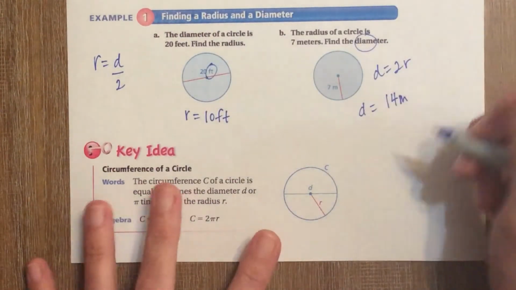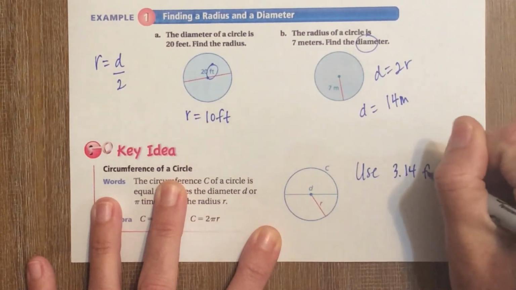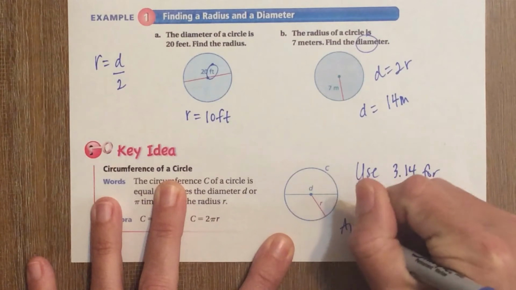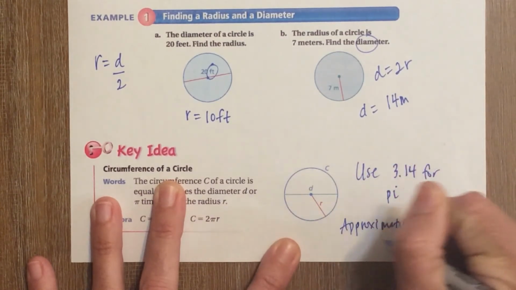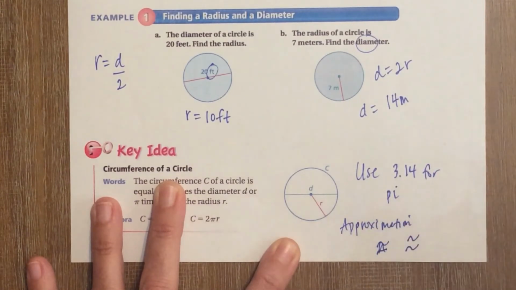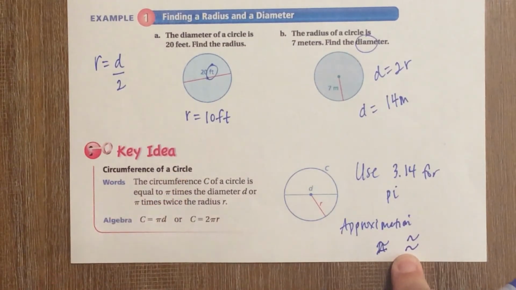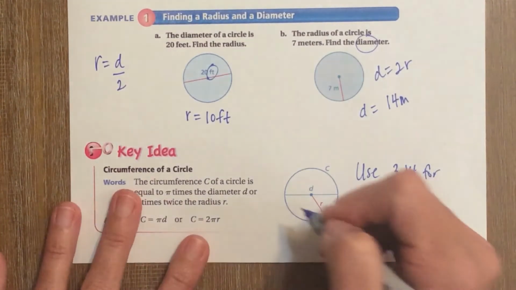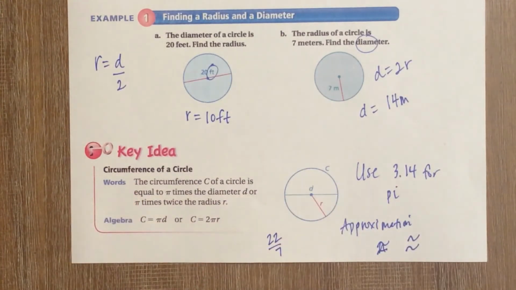So we're going to use 3.14 for pi. Okay, this is an approximation. So this is when you start seeing the equal to signs. That one's a little sloppy. Let me try again. That looks like that, which means approximately equal to, because we're rounding. Directions will say use 3.14 for pi, or you'll also see them say use 22/7, okay, which is an improper fraction.